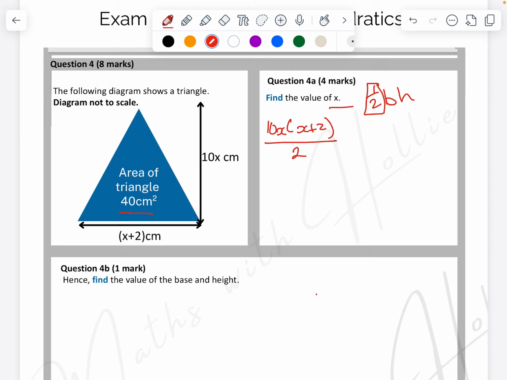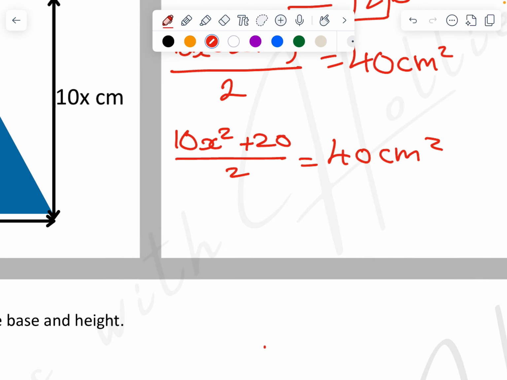That's the same as multiplying by a half. The answer for this should be 40 centimeters squared. So if I first expand the bracket at the top, I'm going to have 10x squared plus 20x divided by 2, and that's going to give me 40 centimeters squared.